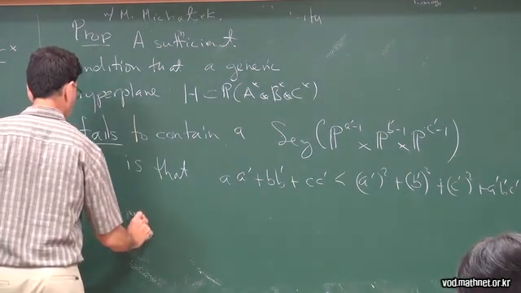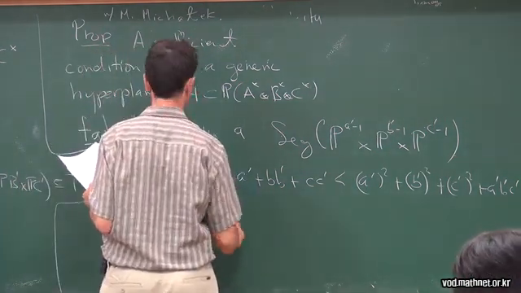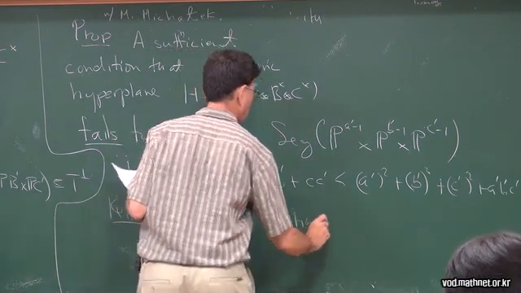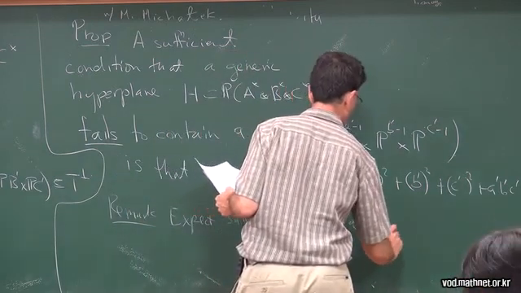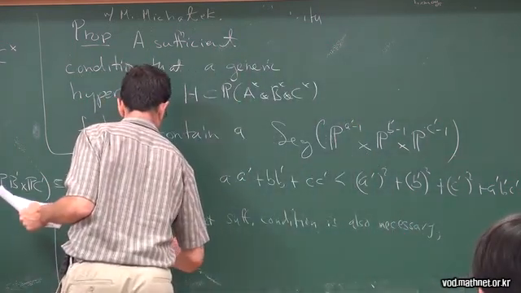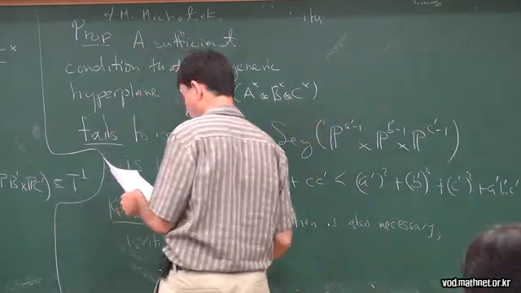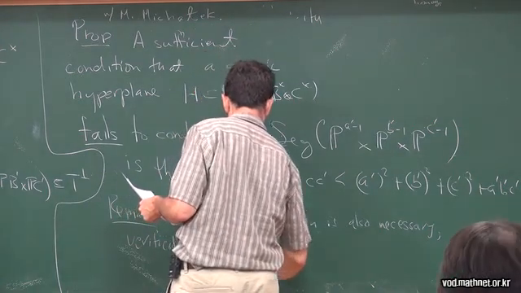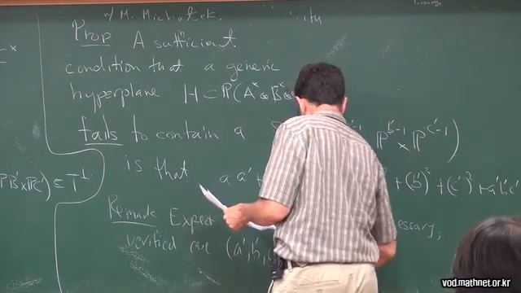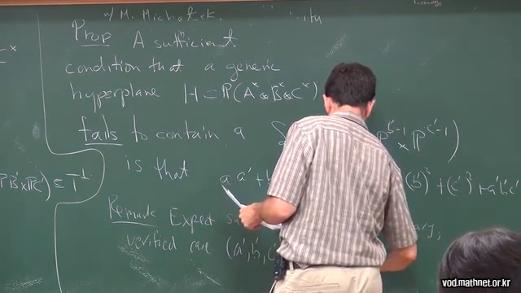And remark, I expect the sufficient condition is also necessary, and I verified this, we verified it in the case that we originally were dealing with over there, that A', B', C' is A minus 1, any B' and C'.